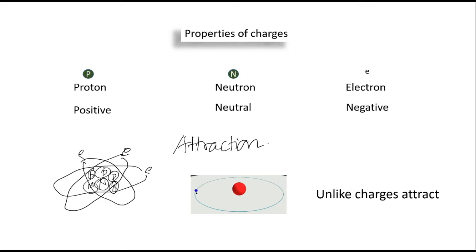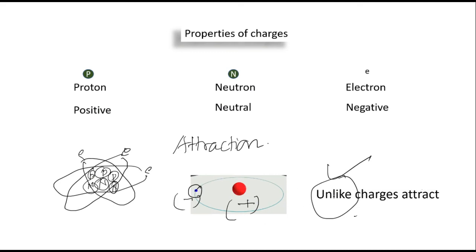Since electron is minus and proton is plus, they are unlike charges, they attract each other, and because of the attraction, since the electron is very light, it is attracted more towards the proton, and because of that it revolves around the proton, just as it happens in the solar system.